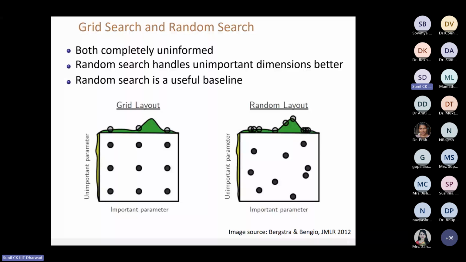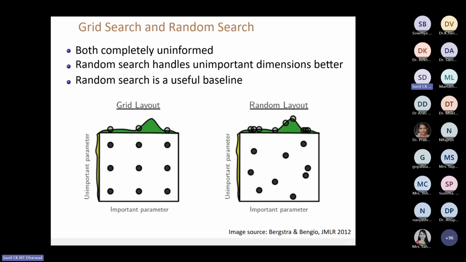Okay, the next one is random search, where it selects combinations randomly until it reaches a certain budget for the search. So you say this is the threshold, and until the threshold is reached it keeps randomly selecting combinations.